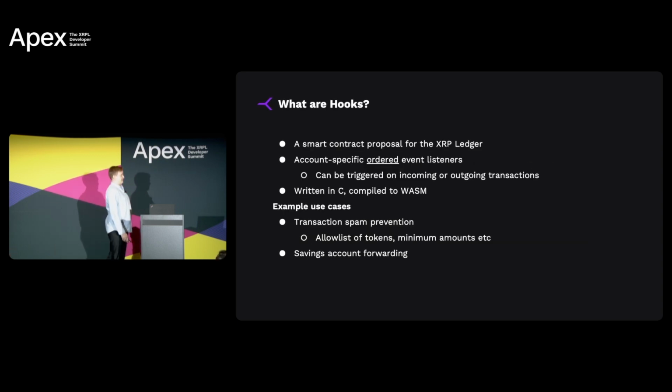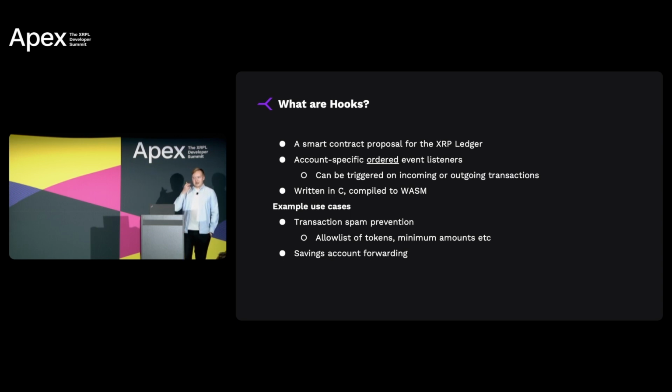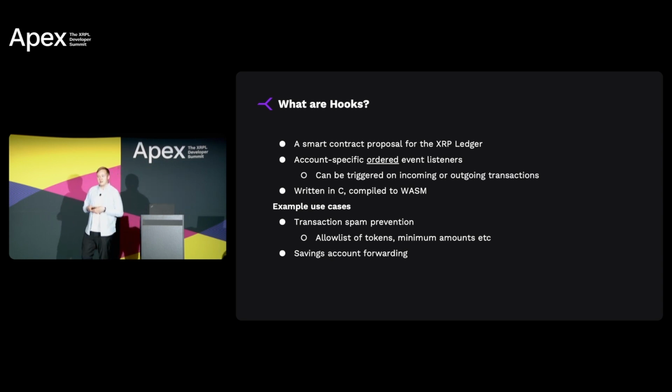So, a quick refresher on hooks themselves. They're a smart contract proposal, which means it's not accepted as canon yet. They work quite differently from regular smart contracts in a way that they're more like event listeners than smart contracts.